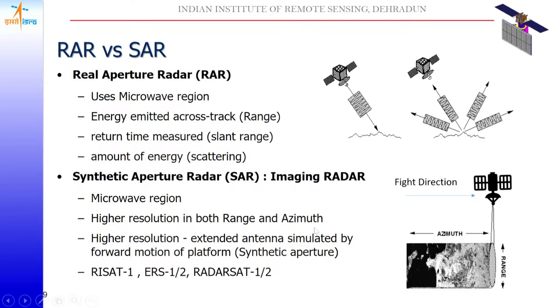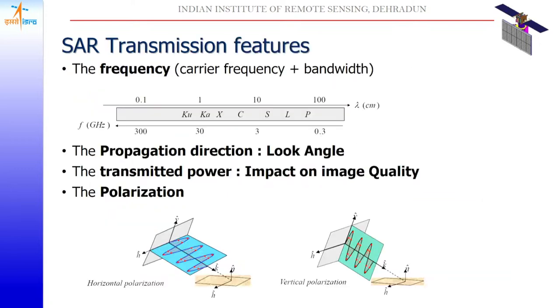We will learn what the synthetic aperture concept is in the second session, called SAR data processing 1. So in this synthetic aperture we get a much higher resolution in the azimuth direction. We have different SAR satellites like RISAT-1, and RadarSat, which generate high resolution images.